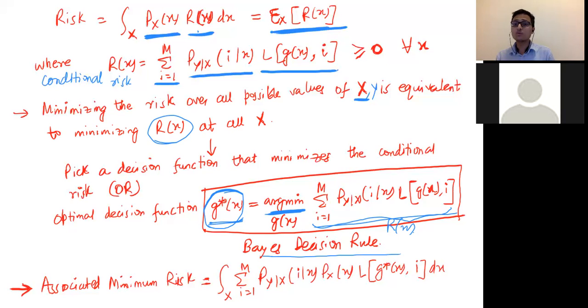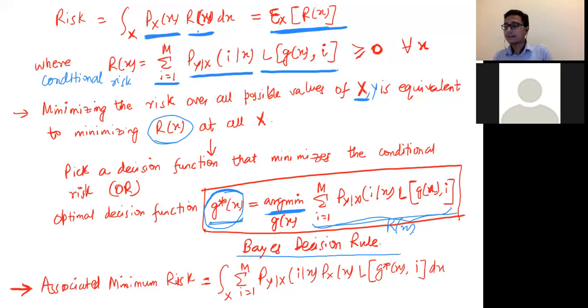So the Bayes decision rule basically tells that in order to find the optimal decision function, you minimize the value of the conditional risk over all possible values of your decision functions.